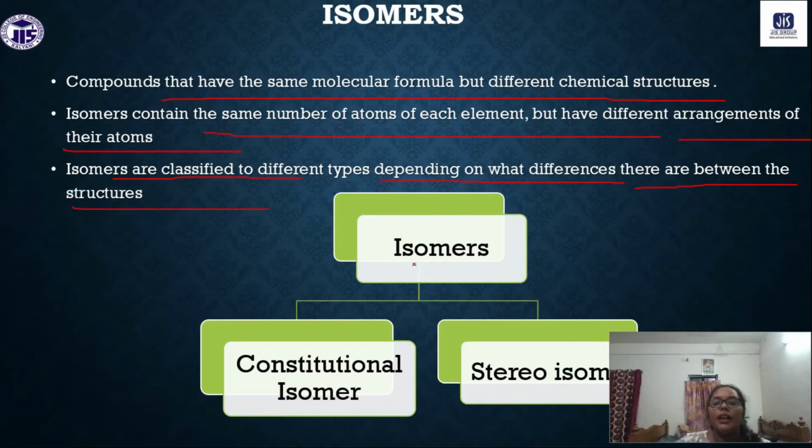Now we know isomers are of two types, one is constitutional isomer, one is stereoisomer.